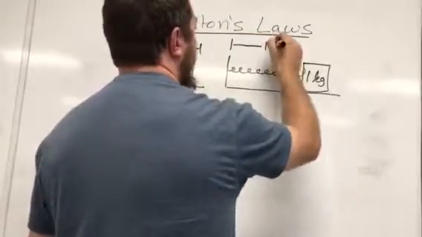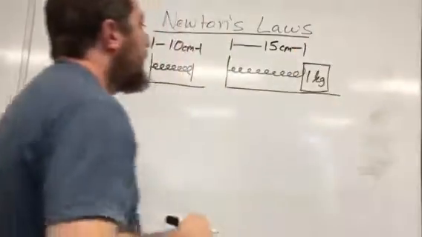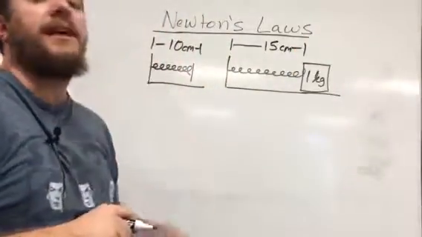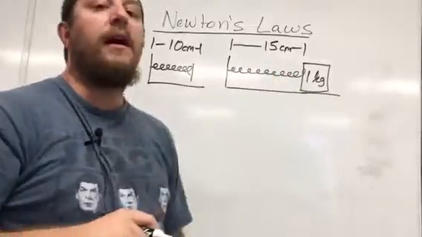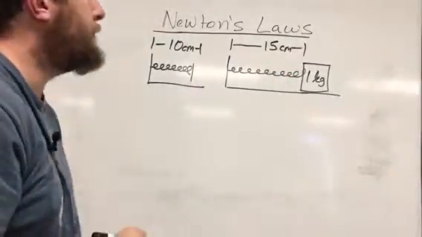Well, now its length, let's say, is 15 centimeters, all right? So originally unstretched, it's 10 centimeters, and I pull it now so that its length is 15 centimeters, okay?